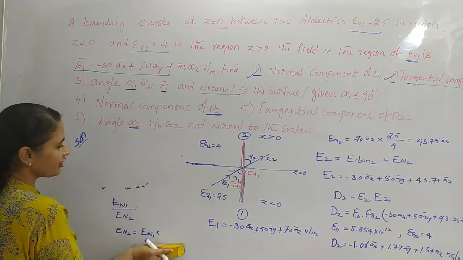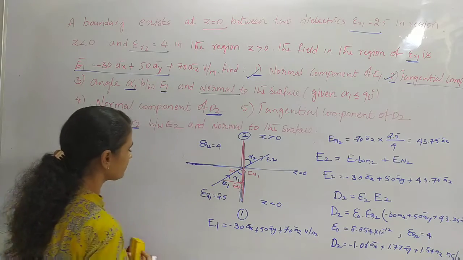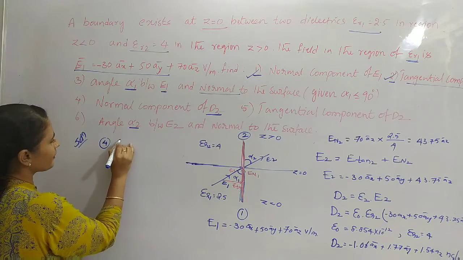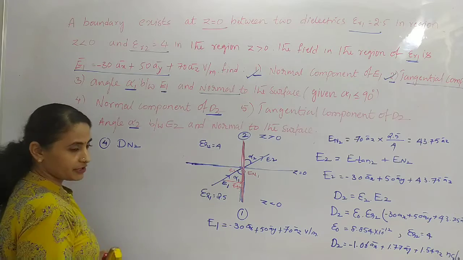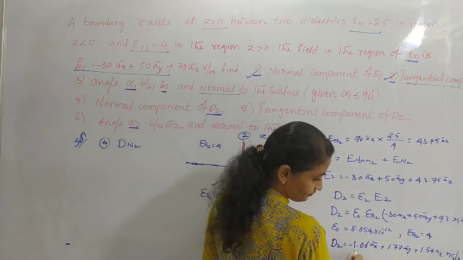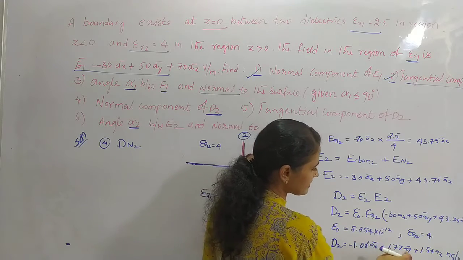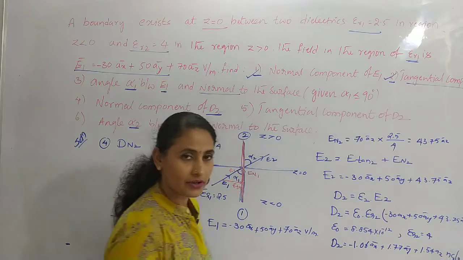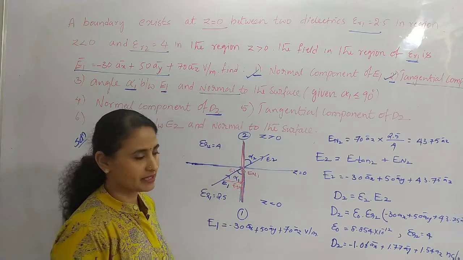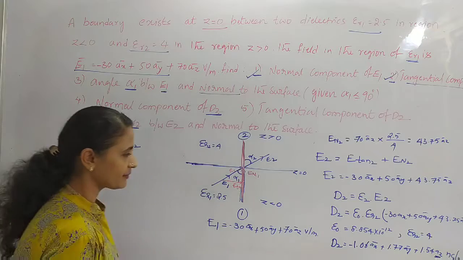Now we are moving on to the fourth bit of the question. What is our fourth bit? Normal component. So the normal component of D2, as D is given as the sum of the magnitudes along X, Y and Z, and we know that the component along the Z axis will be our normal component.